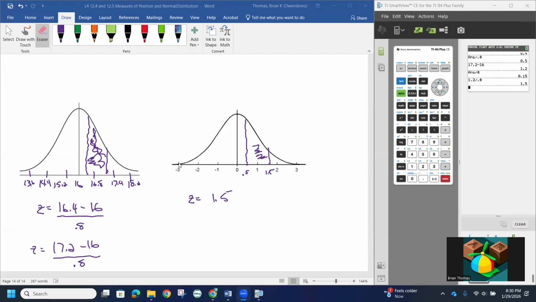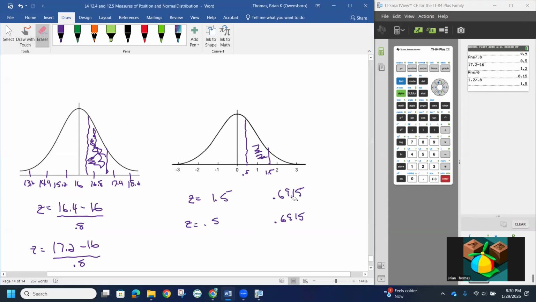So the area from way over here to 1.5 was 0.6915. So then we want to find the area up to 0.5. I'm sorry, I did the wrong one. I did the z-score of 0.5. So 0.5 was the 0.6915.